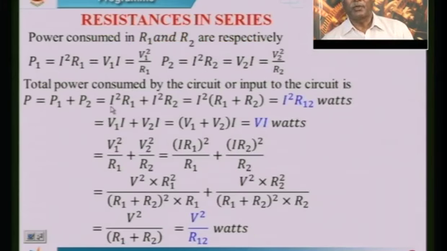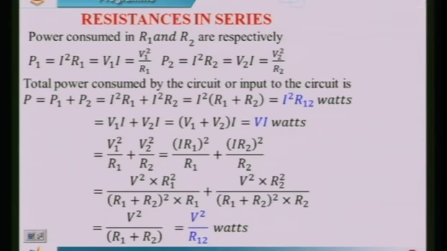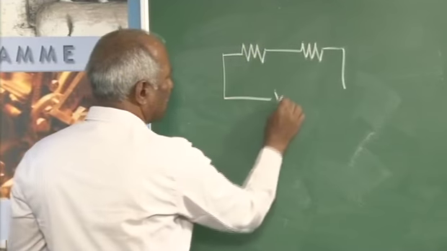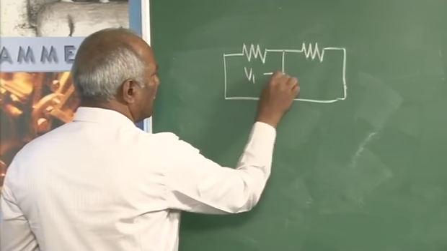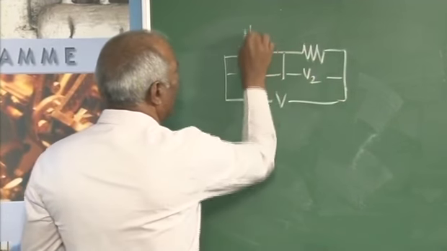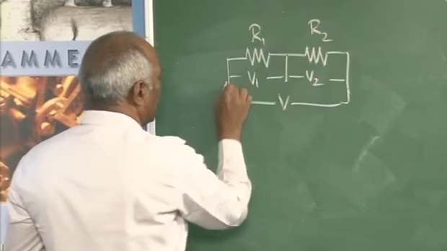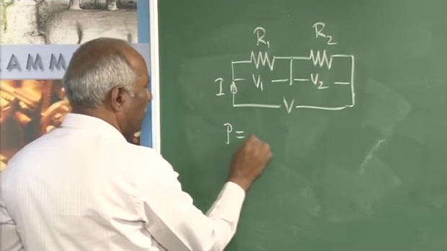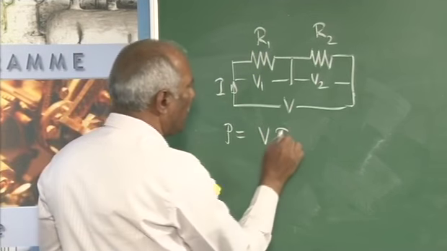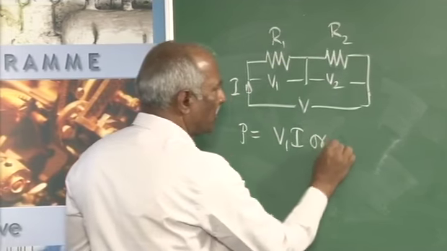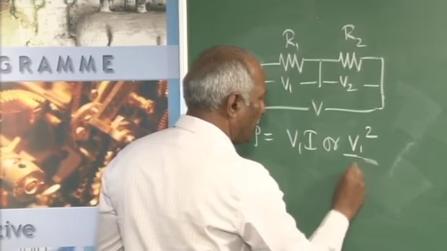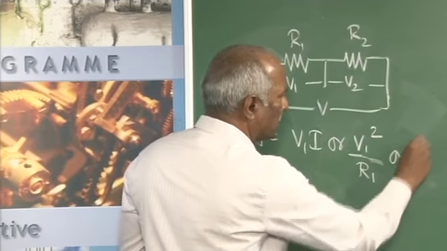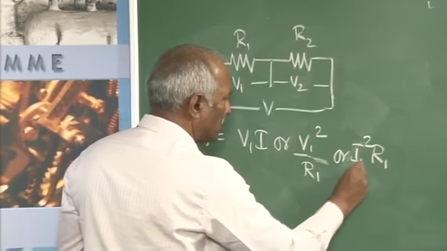And what will be the power consumed in each resistor? To understand that, we can just look at this. This is V, this is V1, this is V2, R1, R2, and this is I. Power P1 can be taken as V1 into I, or V1 square by R1, or I square into R1.